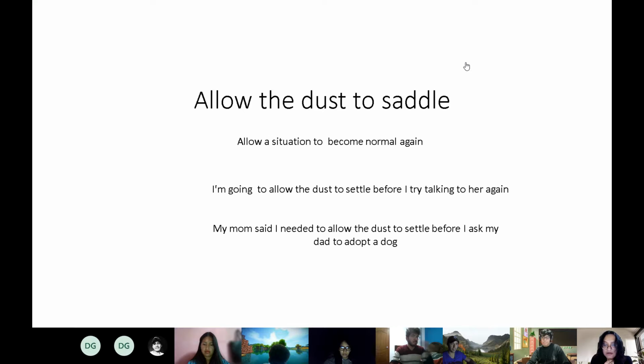I have to allow the dust to settle with my dad since I crashed his car last week. He's okay. Very good, a great example of this idiom.